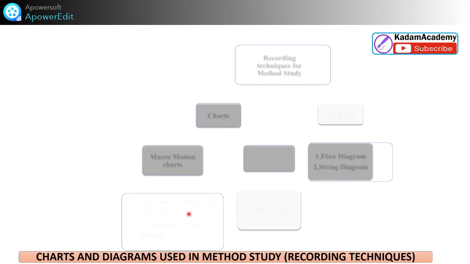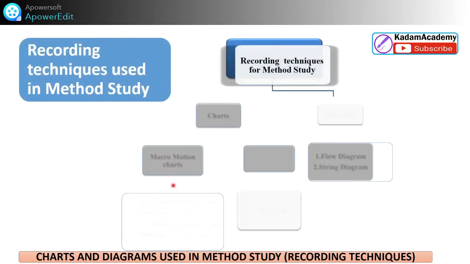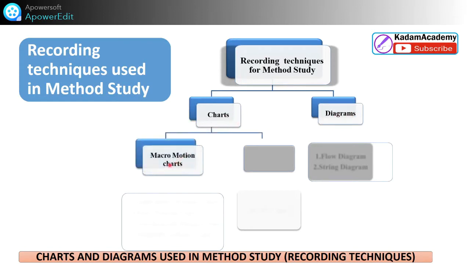So friends, this is a flow chart for recording techniques used in method study that we are going to study in different videos. First is the charts, and second is the diagrams for recording techniques. These two we are going to study. Under the charts, macro motion charts and micro motion charts.